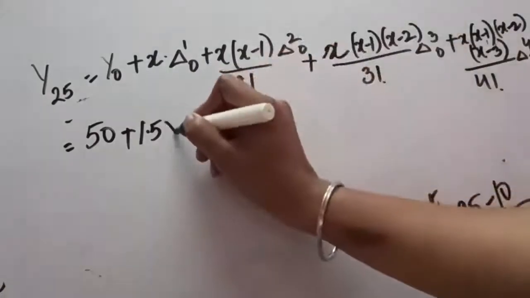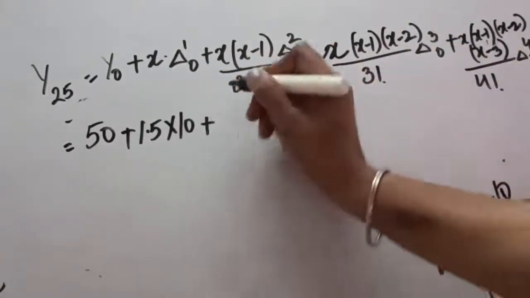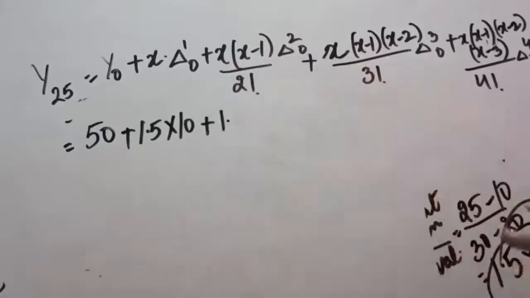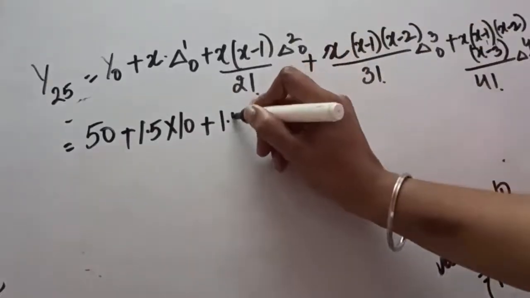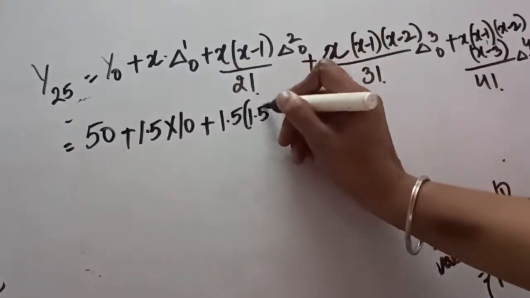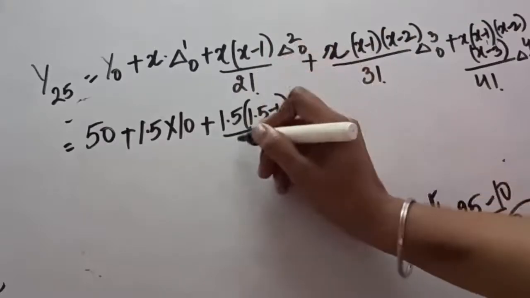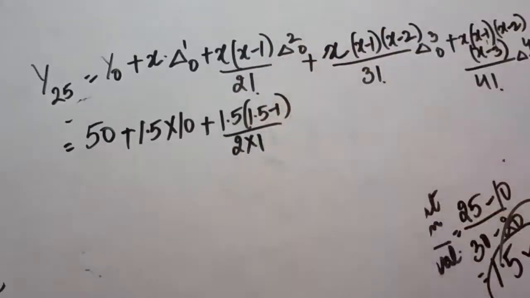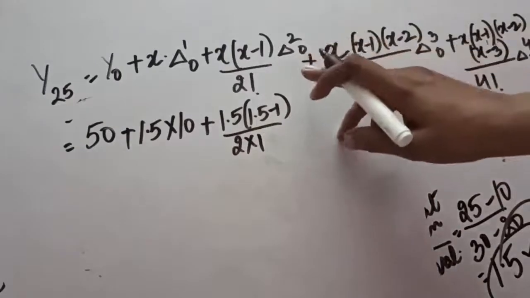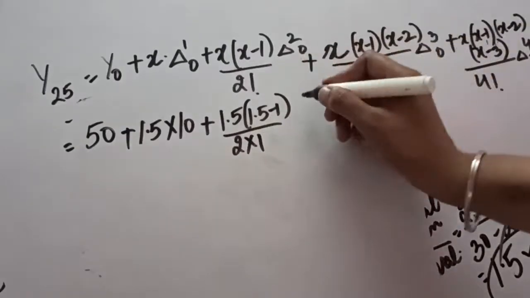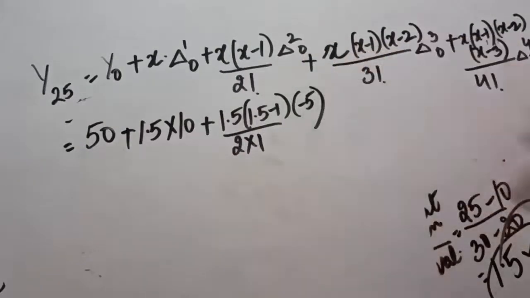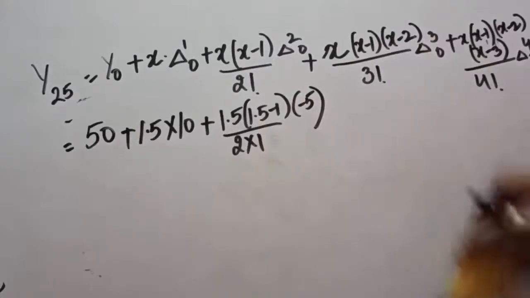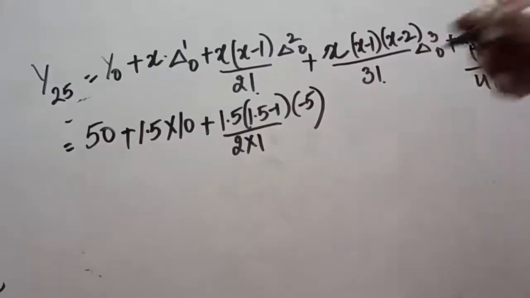This is 10 plus small x, again it will be the same everywhere wherever small x is there, 1.5. 1.5 minus 1, 2 factorial means 2 into 1, so you can open it up side by side. Delta 20, if you look at the value of delta 20, it is minus 5. Like this we will fill the values in the entire formula.